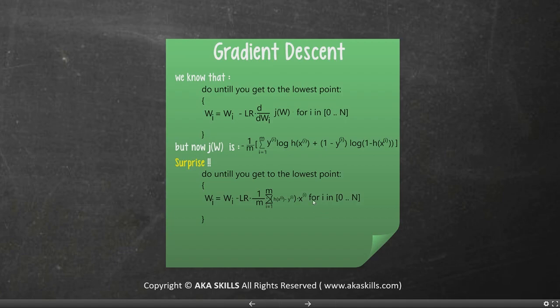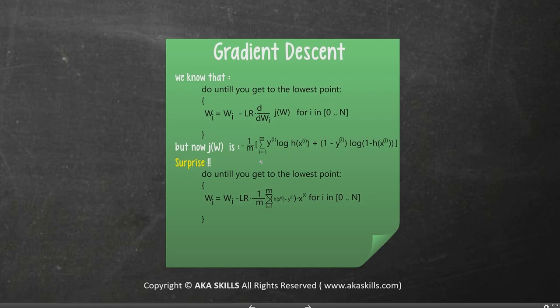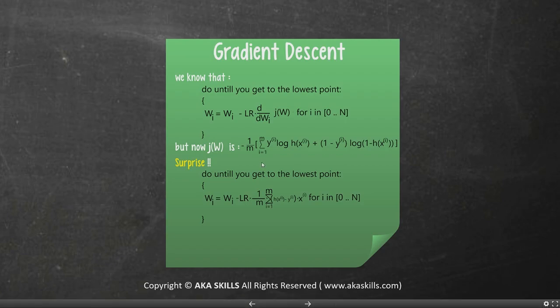That means the same derivatives: the derivative of this right here is the same as the derivative of the mean square error cost function that we use in linear regression. Why? I'm going to say by chance. It's just total luck that the derivative of the cost function for linear regression is the derivative of the cost function for logistic regression, just cosmetically.